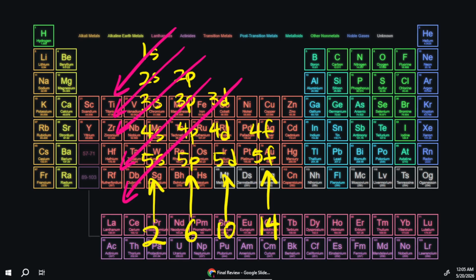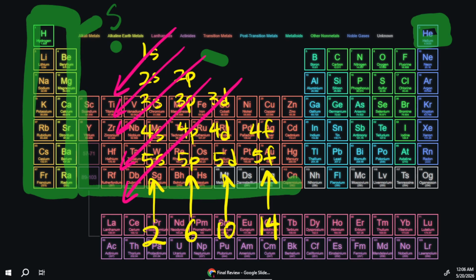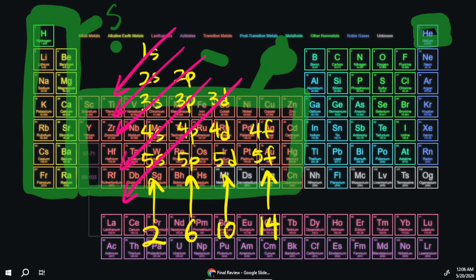So on the periodic table, over here we have our S block, including the He is part of our S. And then right here in the middle, this is our D block.